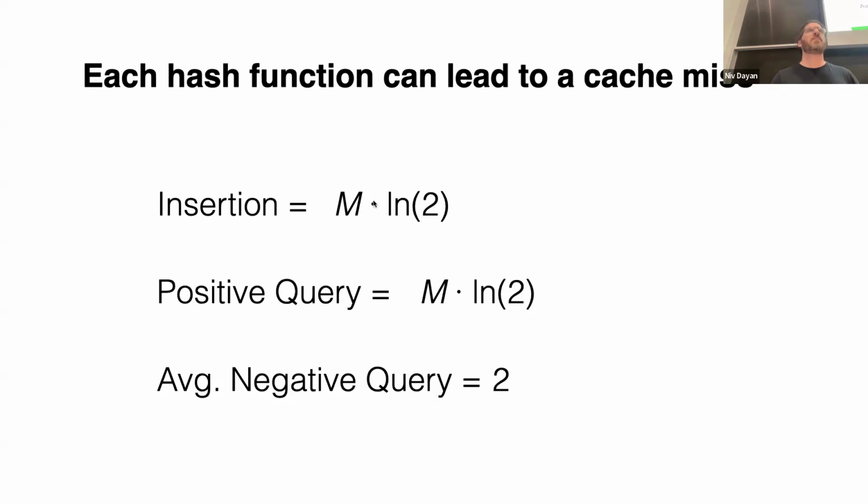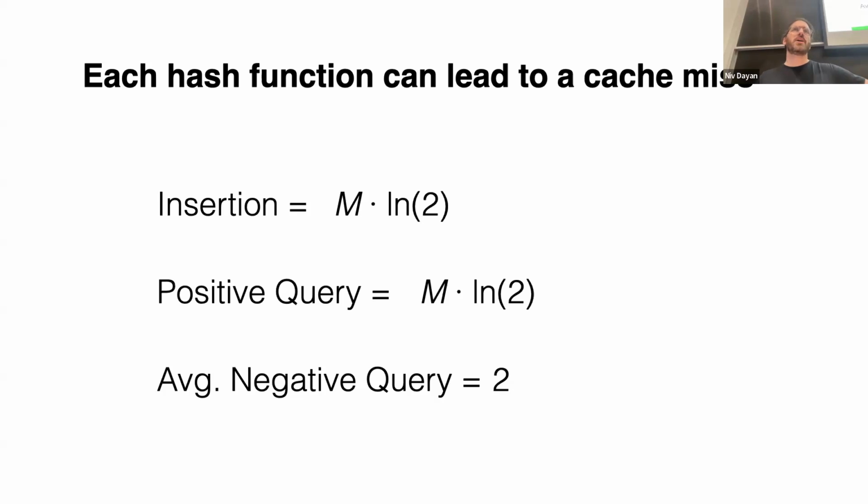Okay, so what bad thing can happen for each one of these hash functions that we compute? Yep. This is the worst case. If you have a lot of bits in your filter, your data would be large enough. It's possible for every one of the k hash functions that you have to access some bit, and you have to load it all the way from memory.